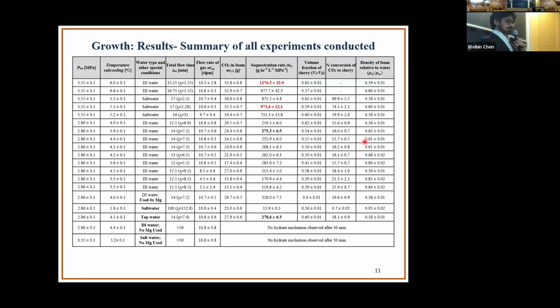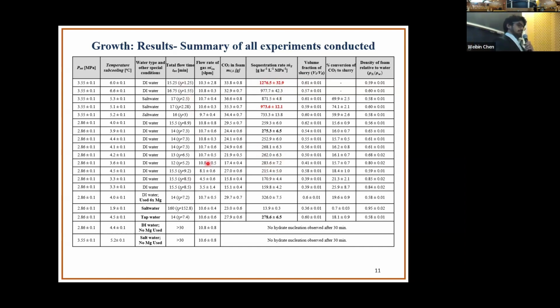These are all the key results of the experiments that we did. To give an idea, overall we're seeing that if the pressure is higher, you get a sequestration rate of around 1200. When the pressure is lower, you get around 200.